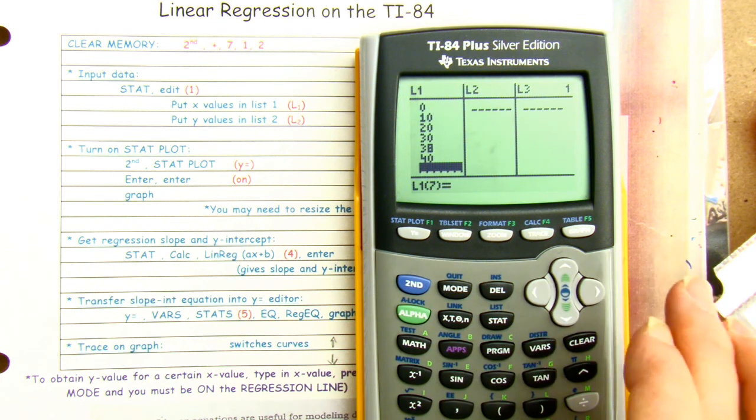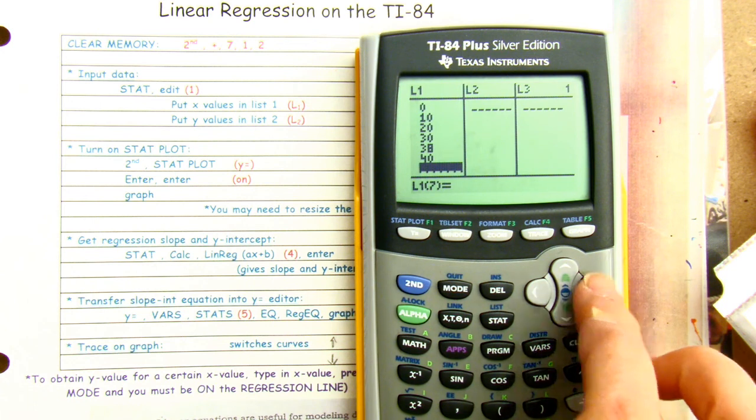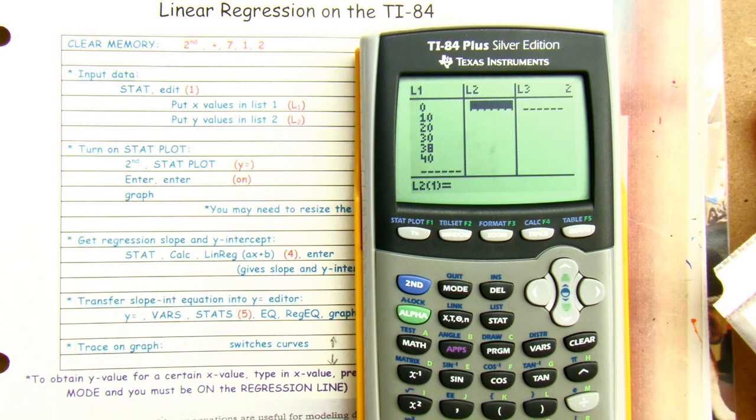To get list 2 in your Y values, you're just going to hit this arrow over to the right, and it pops over in list 2. Then we're going to type in our values, 179.3, Enter. 203.3, Enter. 226.5, Enter. 250.0, Enter. 268.9, Enter. 281.4, Enter.